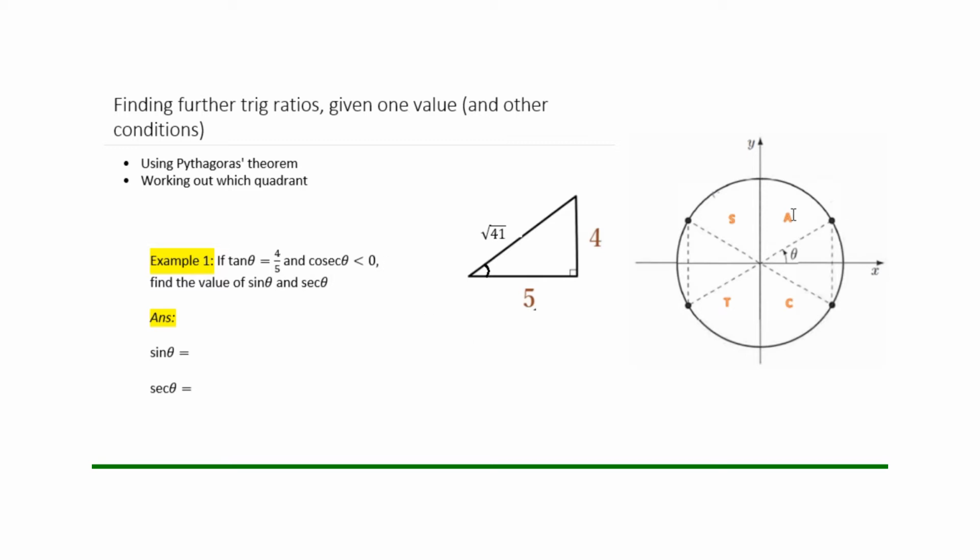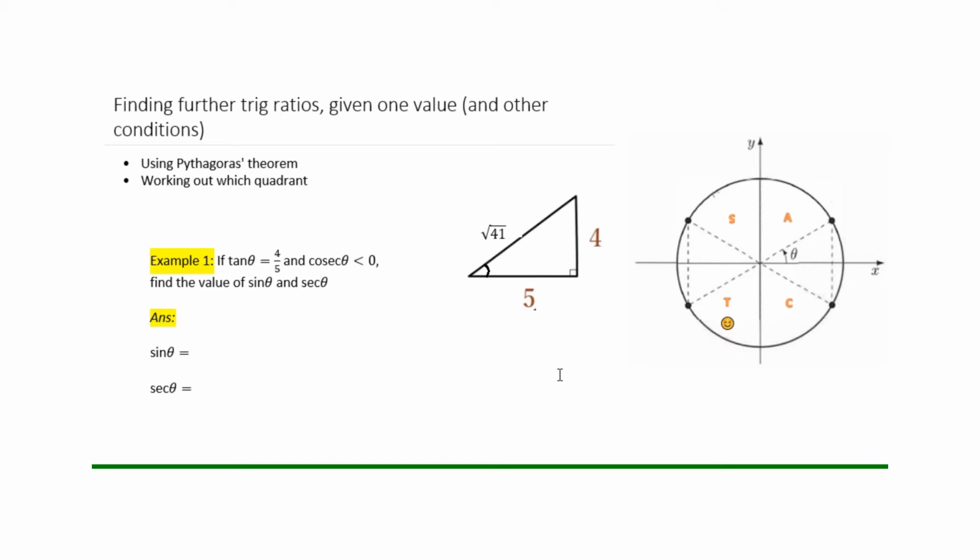Again, we are talking about the first and the third quadrant, and the third quadrant is the one that we want because we want sine to be negative. So we can eliminate the first quadrant. The third quadrant satisfies the condition that tan is positive and cosec, or sine, is negative.